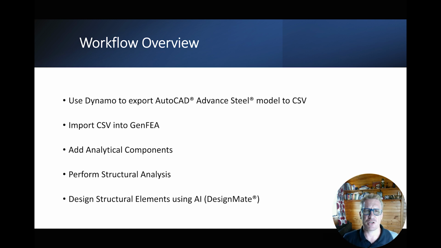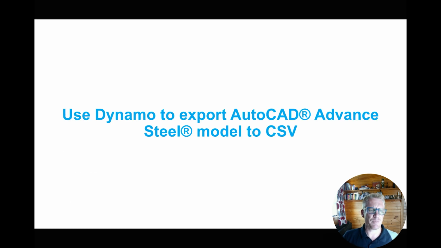Then we're going to perform a structural analysis, and use the output of those analysis results to plug into DesignMate. This is the AI engineering assistant within GenFEA to perform some structural engineering design calculations. So very exciting.